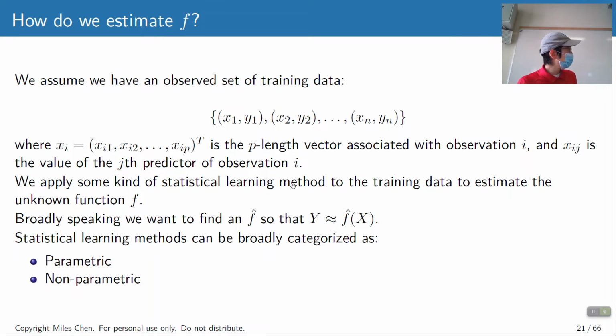We're going to apply some kind of statistical learning method. For now, we can just pretend this is linear regression. Linear regression counts as a statistical learning method, and Friday's lecture will be a review of linear regression, a review of 101A and a lot of the core concepts there, because that counts as statistical learning.